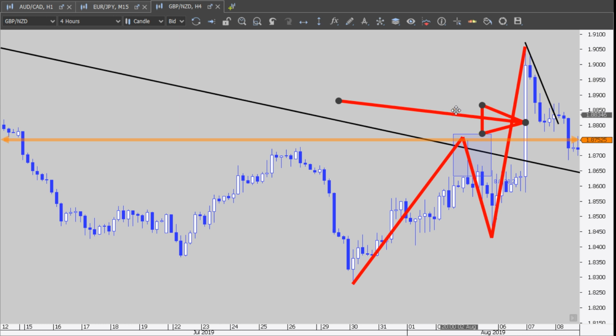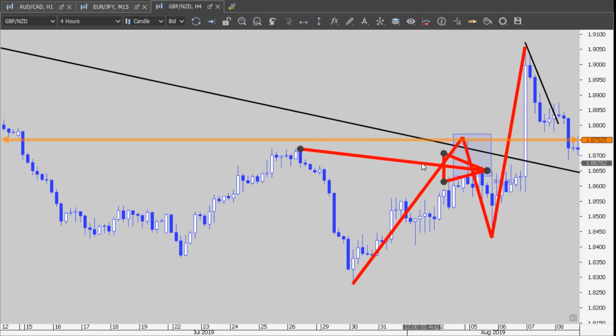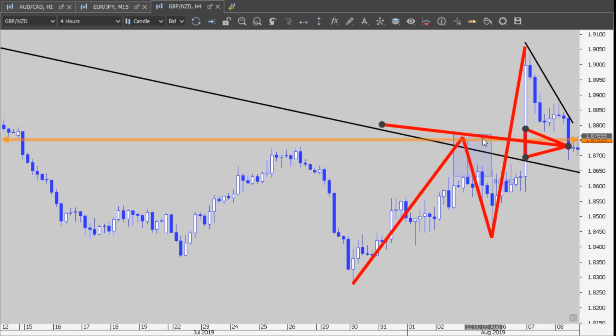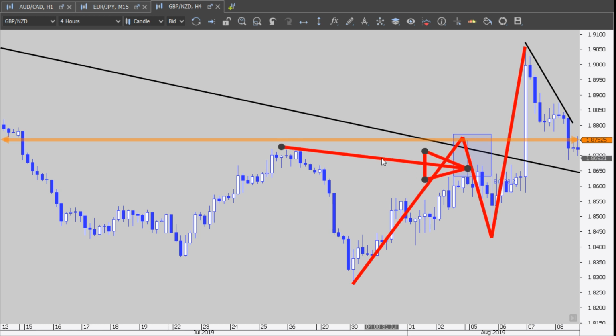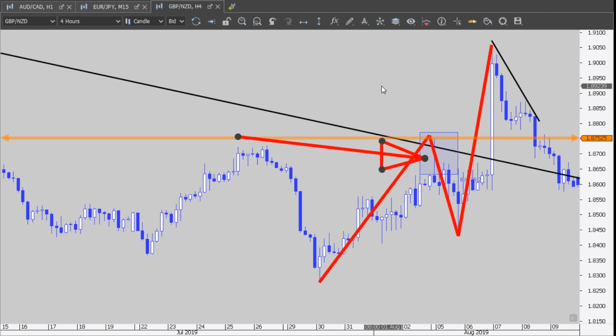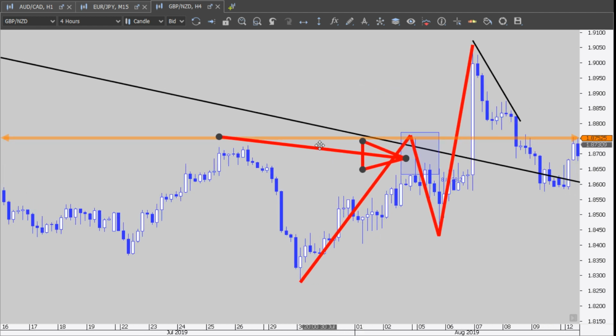Okay, broke, right? I'm going to increase this. The market hit past support, so it's still valid. And let's see what is going to happen. Okay, this was a deep retracement, but it's still valid.